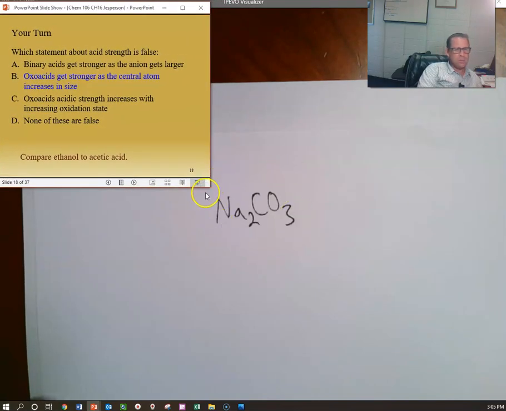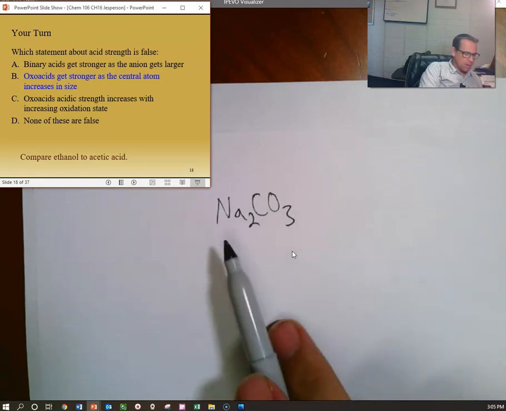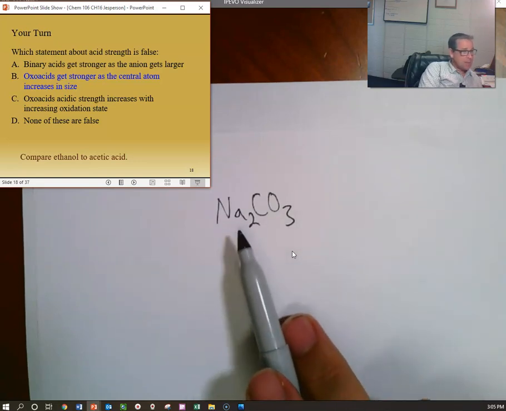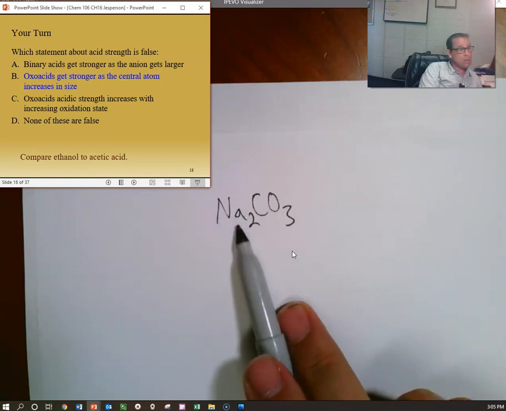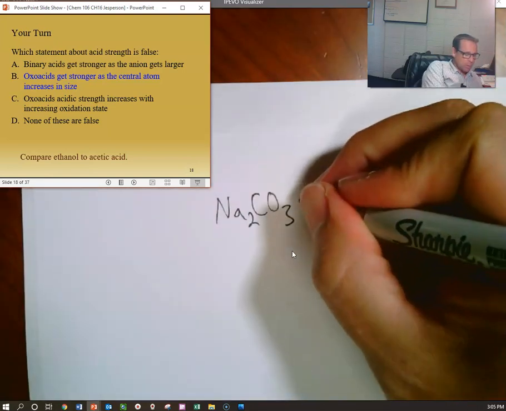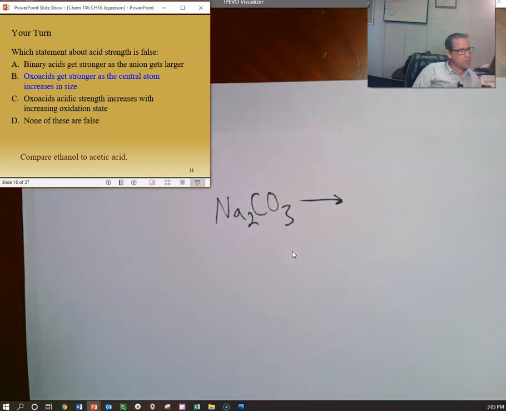Does either of you know if this is soluble when you put it into water? Yes. It is? How do you know? I was just guessing. It is. And one of the rules was that compounds that contain sodium are always soluble.